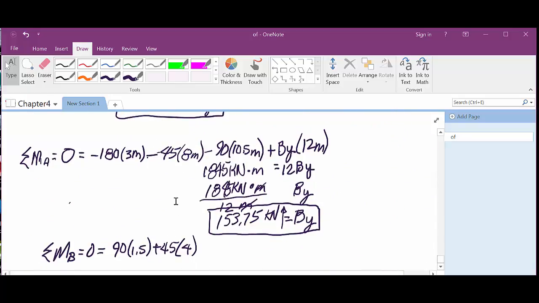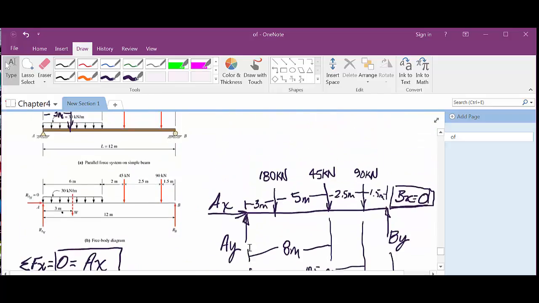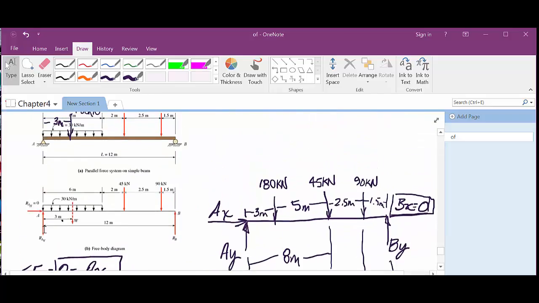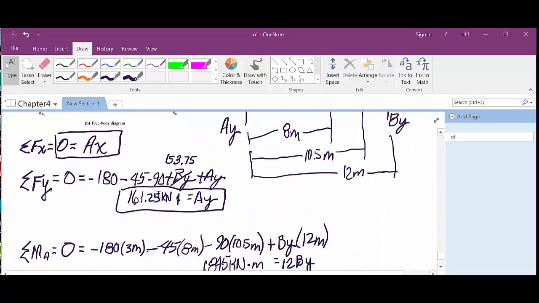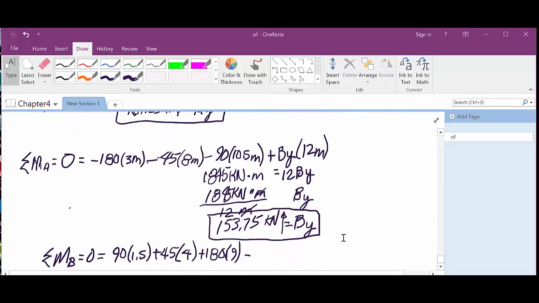So plus 180 times 9 minus AY, which we know the value for now, but AY is pushing it up, making it go clockwise, which is negative. We said AY was 161.25, so 161.25 times 12. And if you do the math on that, it should equal 0.